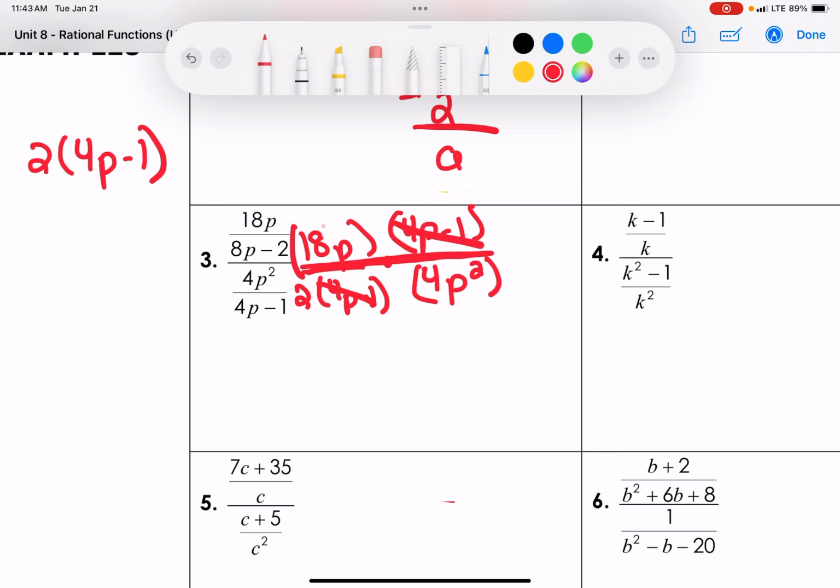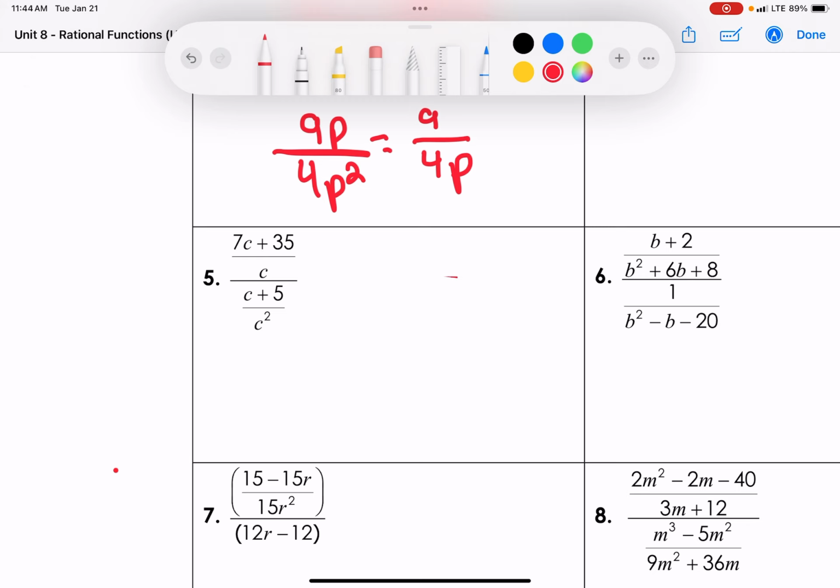Now I have 18p divided by 2. So 18 divided by 2 is going to give me 9p over what I have left over, 4p squared. Well, I could still simplify the p. I got p over p squared, so now I have 9 over 4p, and that's my final answer.